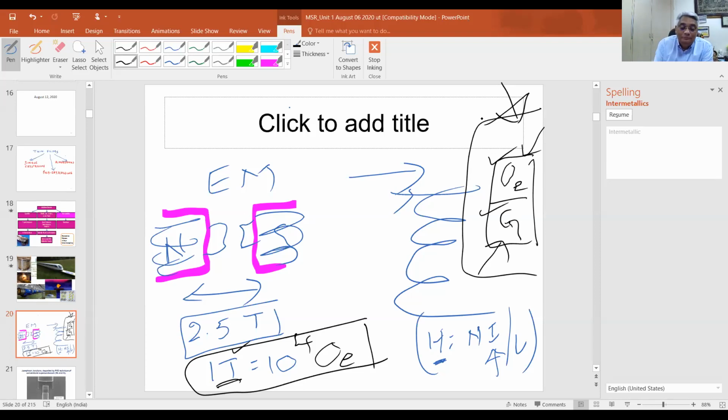Does anyone know? When I talk about Earth's magnetic field, should I say it's 0.35 Gauss or oersteds? Think about it and tell me.